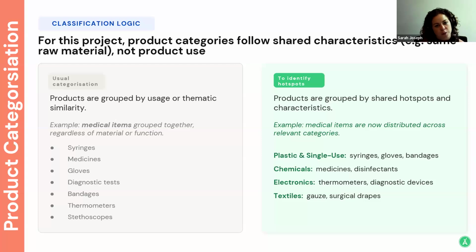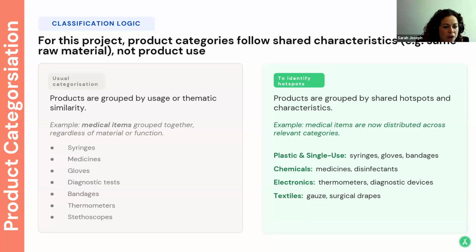We've now talked about product categories, product types, product groups, and maybe what has come to mind is the usual, typical categorization. It's usually grouped by usage or thematic similarity. For example, medical items are often considered in one group, but if you look at this list, you see that there are many different types of items: syringes, medicines, gloves, tests, bandages, thermometers, stethoscopes.